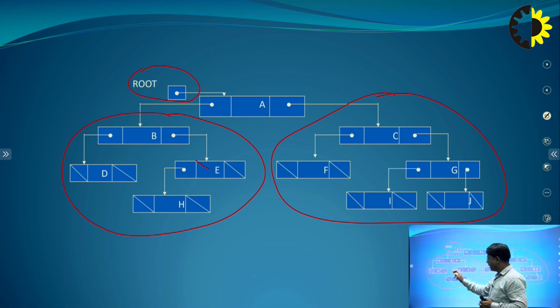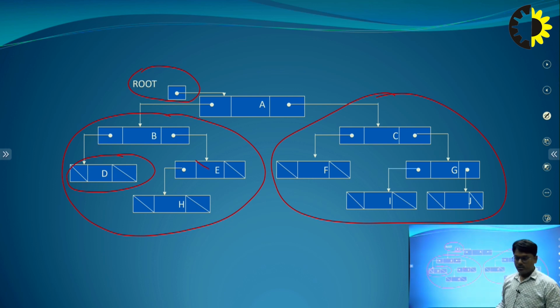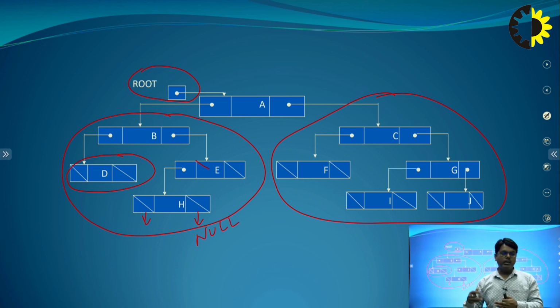Again, if a node doesn't have any left node or right node, then it will remain null, or you can say it will not point to any data. So in all the leaf nodes, you can see here it is pointing to the null value. So this is how we can represent it.